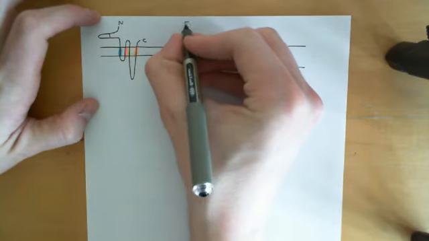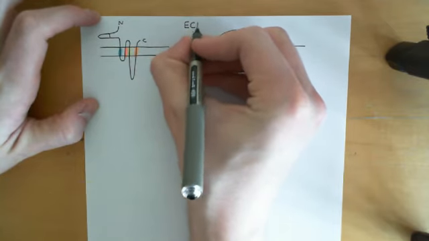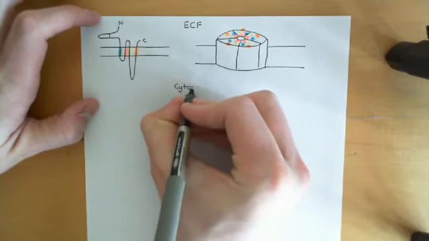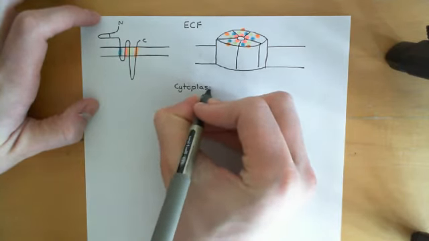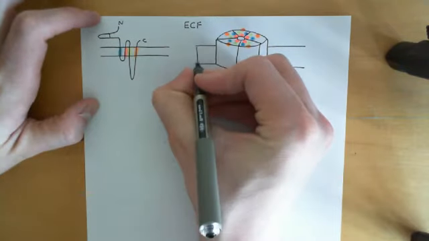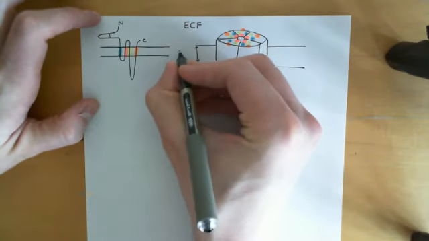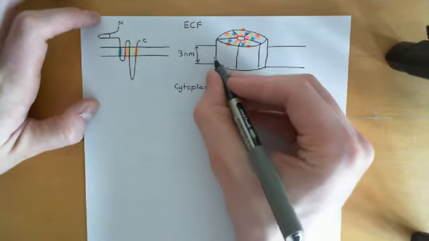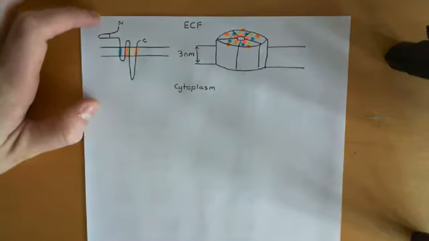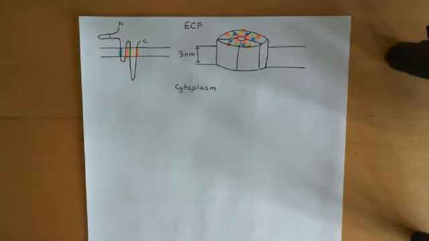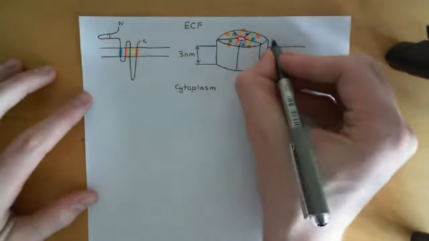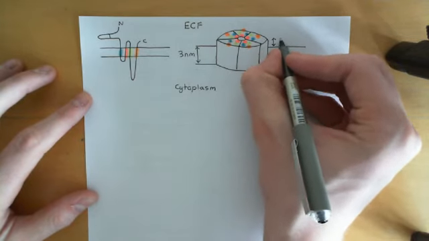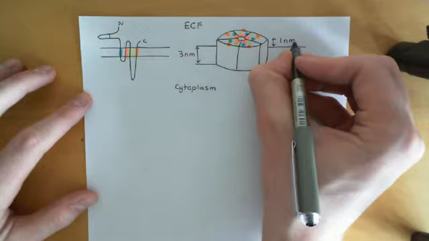So let me just label up this picture slightly better. This is the extracellular fluid side, and this is the cytoplasmic side. Now the thickness of the cell membrane is usually around 3 nanometers, and the transmembrane domain of your cis-loop ligand-gated ion channel will go through that entire 3 nanometers, but it also extends above the plasma membrane on the extracellular side by about 1 nanometer.